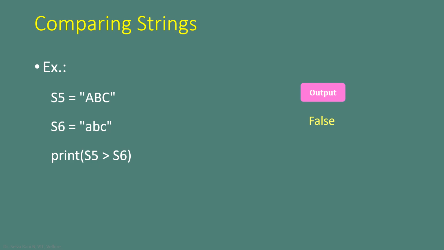The ASCII value of capital A is 65, whereas the ASCII value of small a is 97. When we compare 65 greater than 97, it becomes false. And immediately we are getting the reply as false. If we are checking whether S5 is less than S6, then we will be getting the result as true.